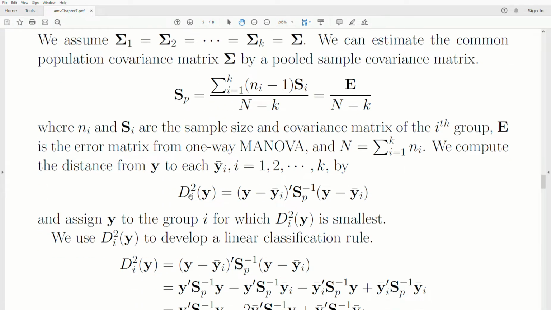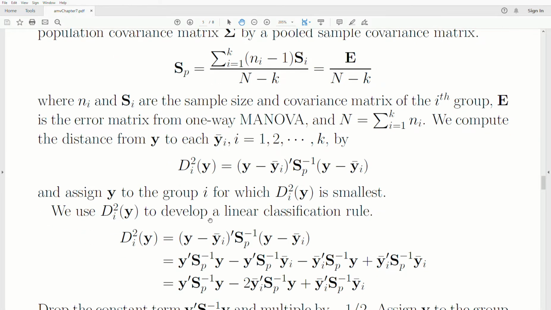And so how to do this, we calculate a D_i squared, which is the Mahalanobis distance, or a statistical distance, from the new observation to each of the mean vectors for each group. We generically let it be i, and then of course we have to do it for group 1, 2, 3, the ith, the kth. So we get K statistical distances, and the one that's smallest, that's where the new observation goes.